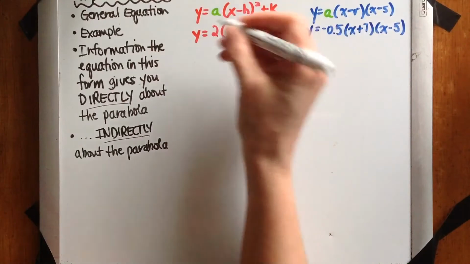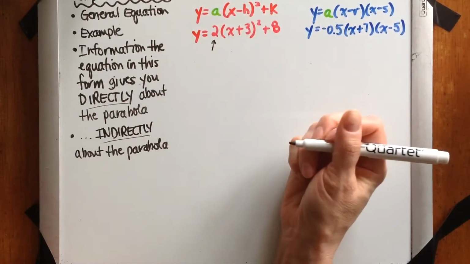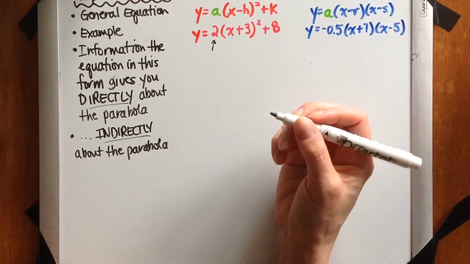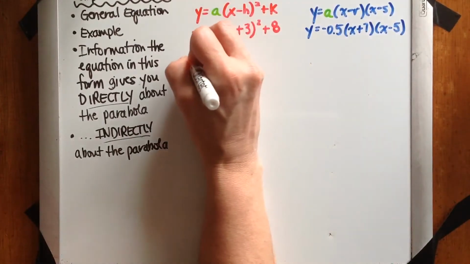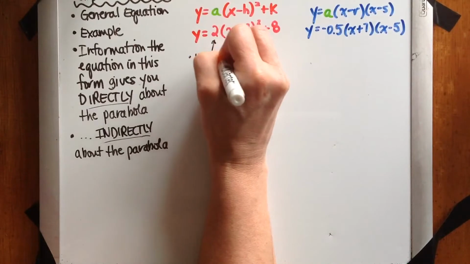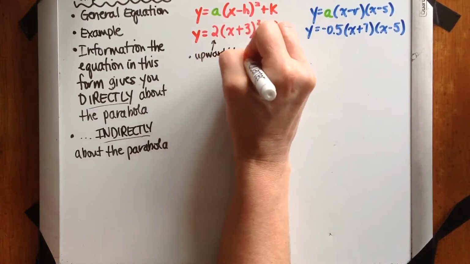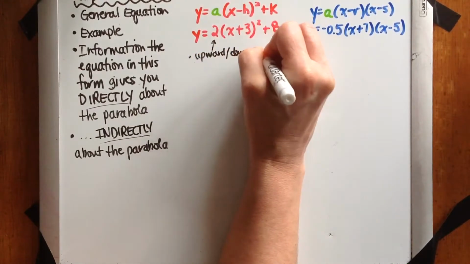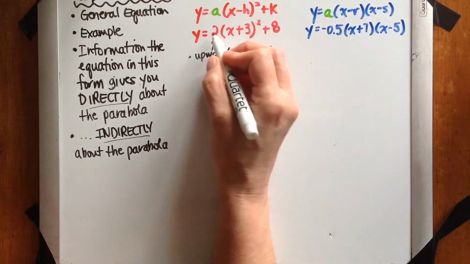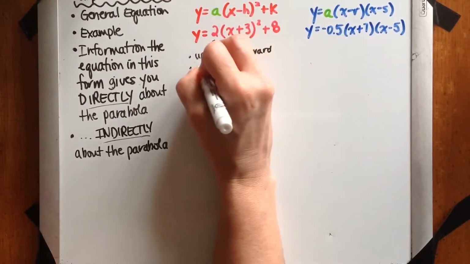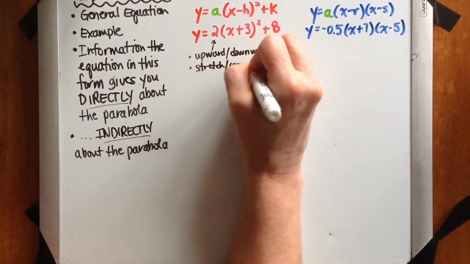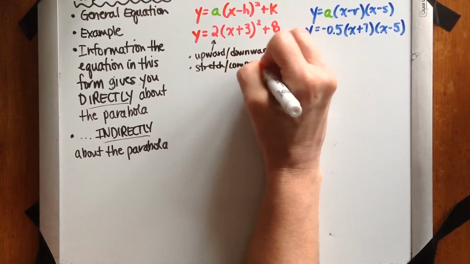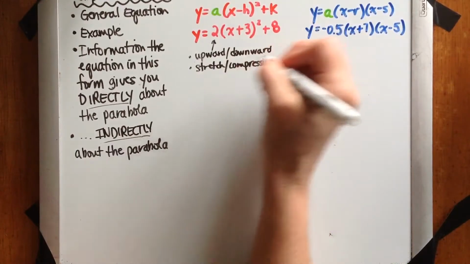Well, if we read it from left to right, we know that this A value can tell us two things about the parabola. It can tell us if it is upward or downward facing, depending on its sign, if it's positive or if it's negative. Its value will tell us whether it has a stretch or a compression factor compared to y equals x squared.